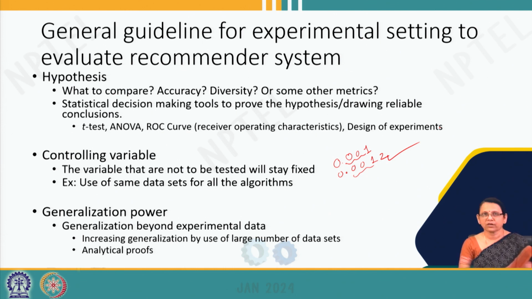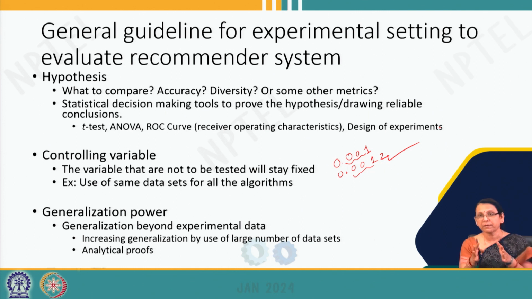Now, when you conduct this experiment, you also have to have some variables. Some of these variables will remain fixed and with respect to the other variable you will be checking. For example, if you are comparing two algorithms, it is not that for both algorithms you will be using two different data sets. When we talk about the variable, please do not confuse it with features.